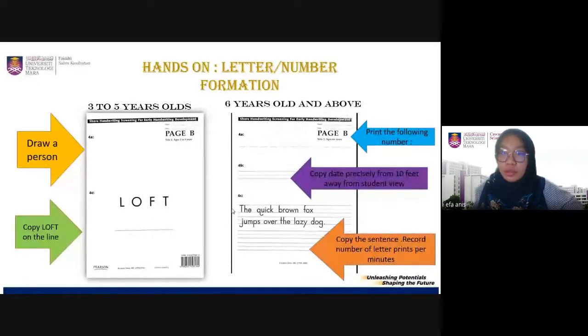Okay, masa kita dah habis untuk hands-on. If any of the volunteer ada buat dengan anak, kita ada 77 orang, tolak kami berempat, anak ataupun ada kanak-kanak berdekatan yang you memang dah run the screening, it will be very generous for you to open your camera and also show to us lah.